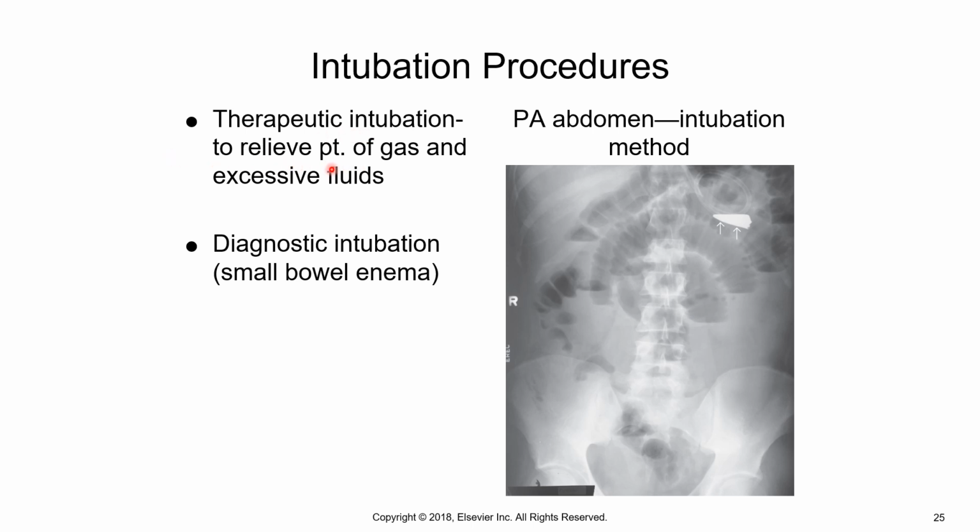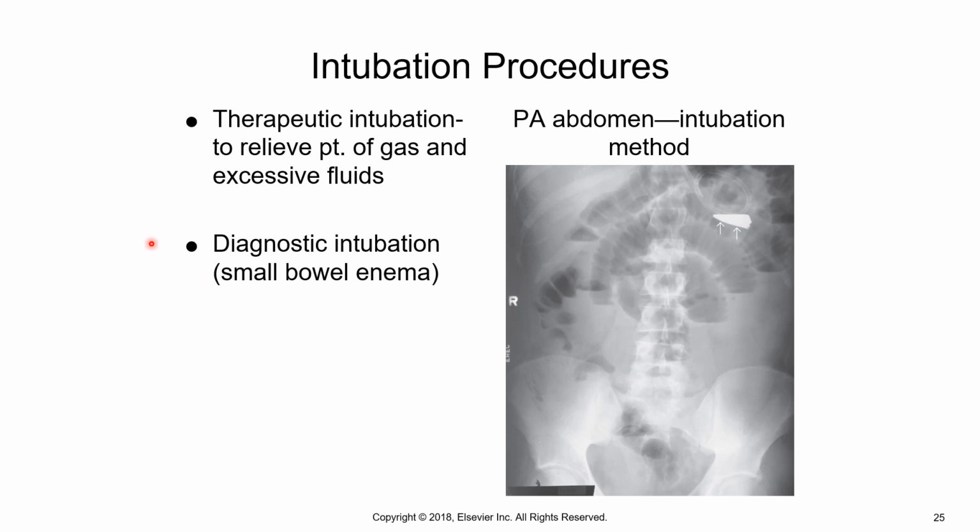It relieves the patient of gas and or excessive fluids, and they pass a double lumen catheter into the stomach. A lot of times with the therapeutic, it's not really about the images, it's more about relieving the gas or the distension in the patient.